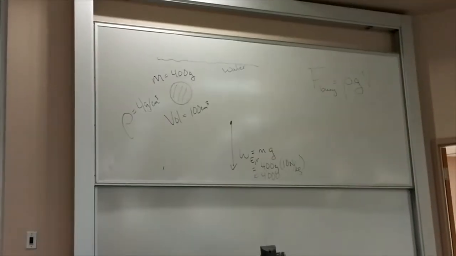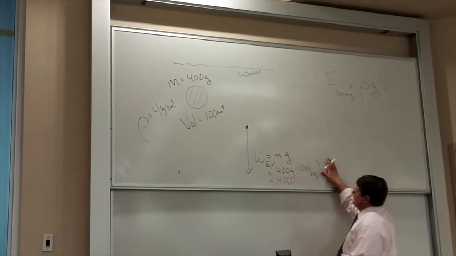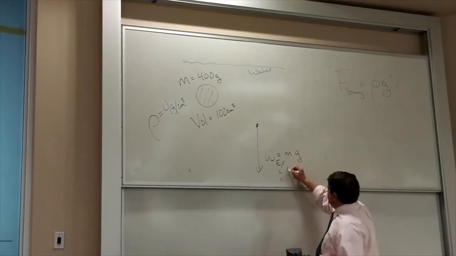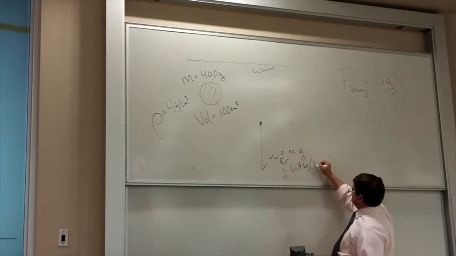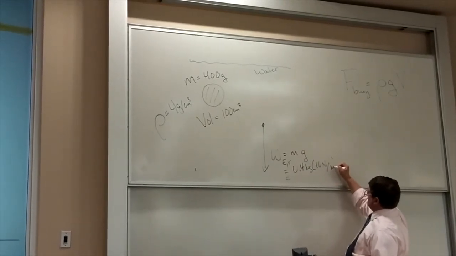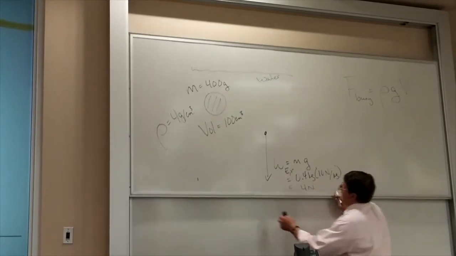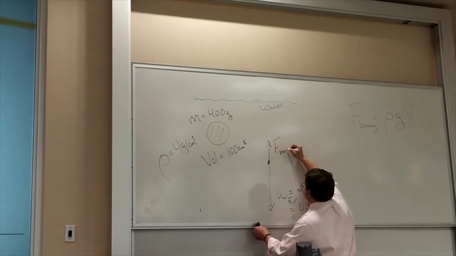And that's silly, because I can't cancel grams with kilograms. So what I have to do is convert that mass to kilograms. That's 0.4 kilograms times 10 newtons for each kilogram, or 4 newtons. And now I need to find the buoyant force up.